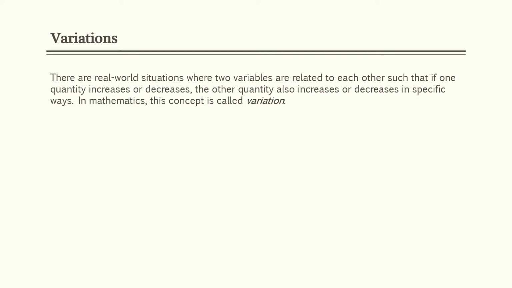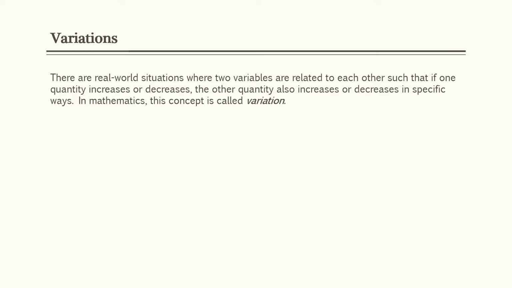So, pwedeng bababa din or tataas yung isa, depending anong klase ng variation, in a specific way. So in mathematics, this concept is called variation. Pag may tumaas na isang bagay, normally maaapektuhan yung isang bagay, tataas rin. Or pwedeng pag tumaas yung isang bagay, bababa siya.